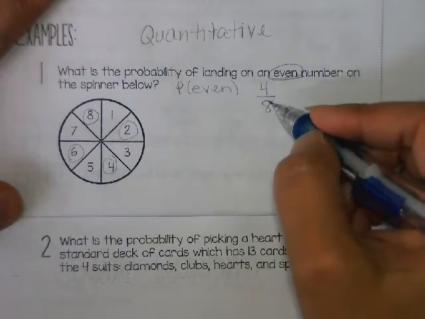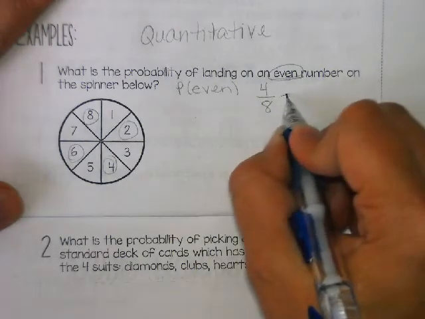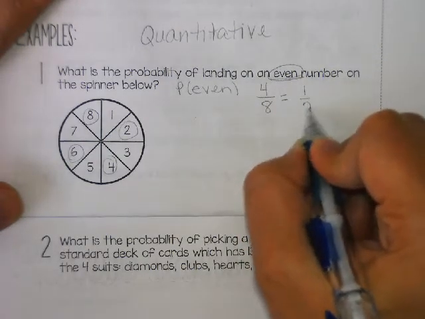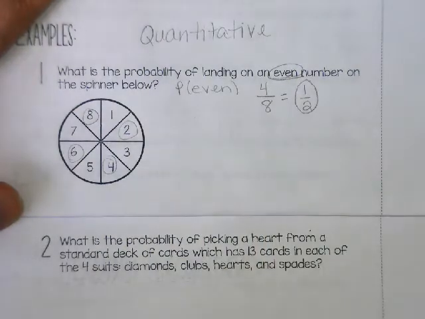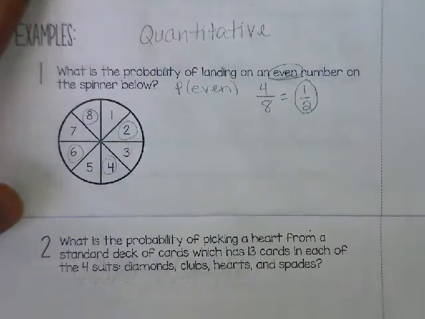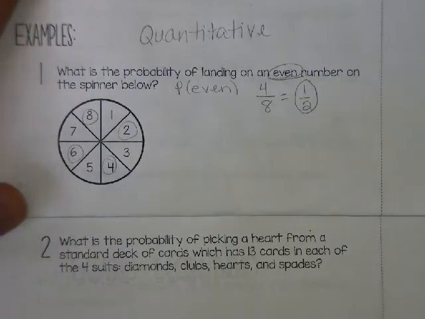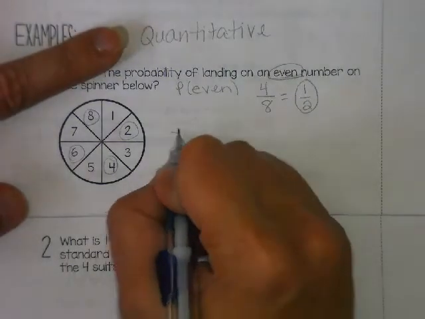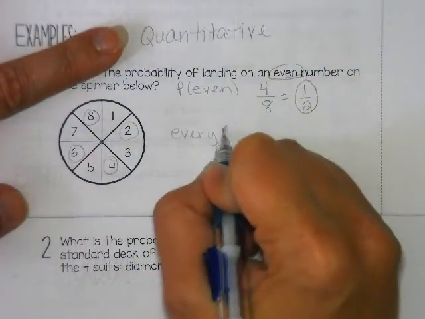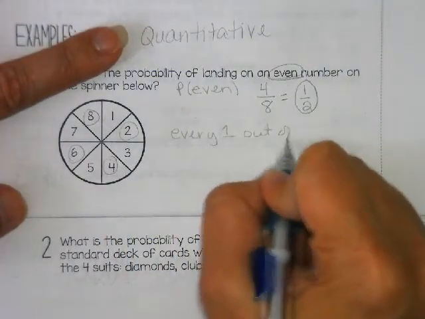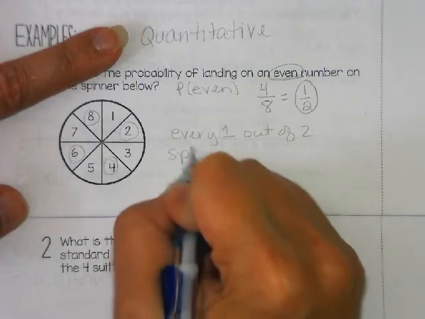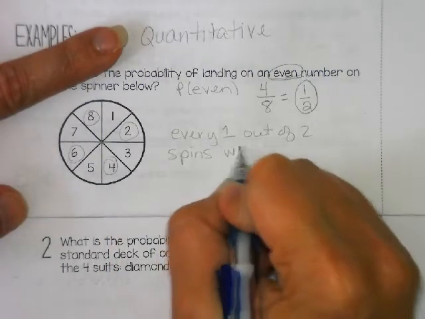Now, this is a fraction, so you do need to make sure that you simplify. So our probability is 1/2. If you go back to our number line, it is equally likely as not likely. So what does this mean? This means that every 1 out of 2 spins will be even.